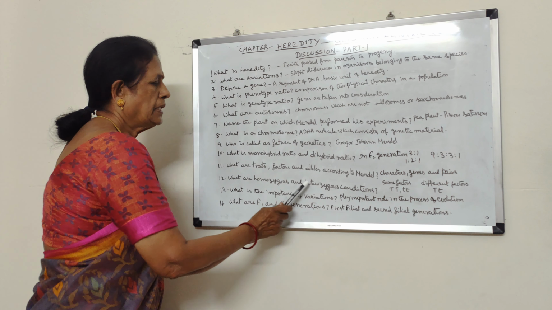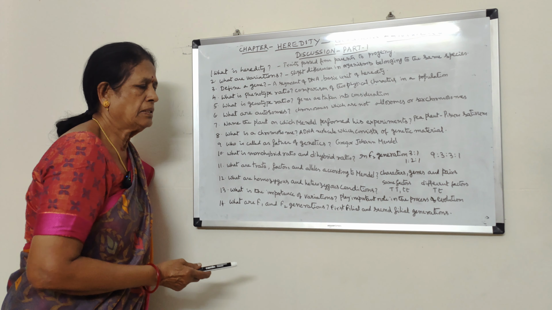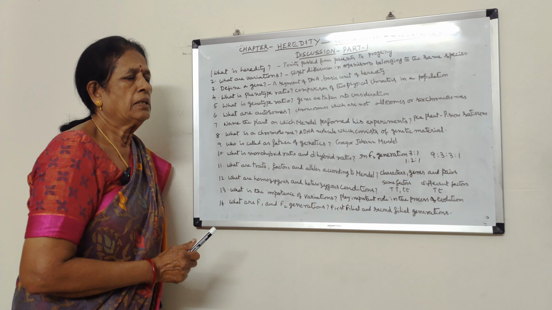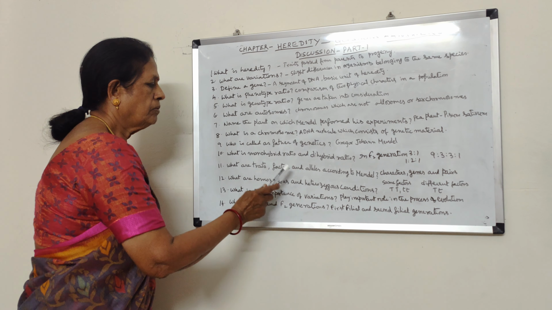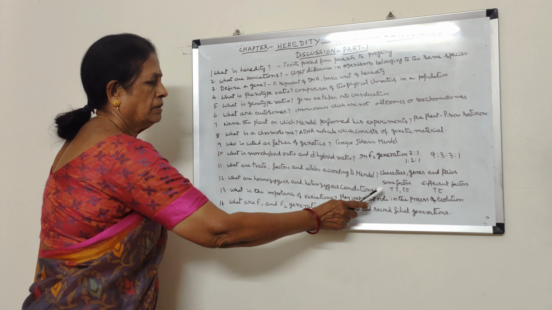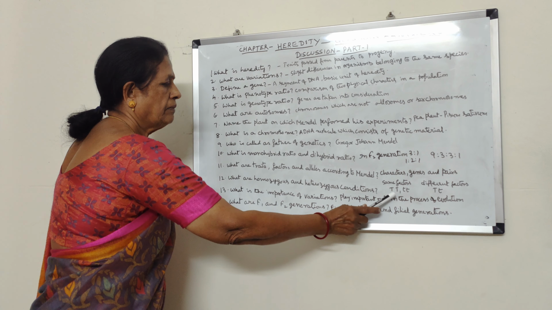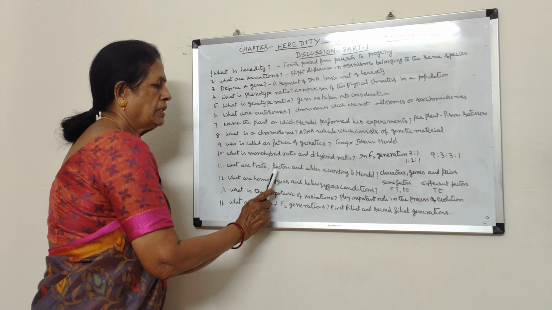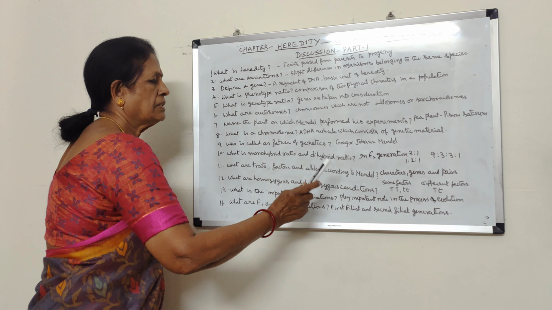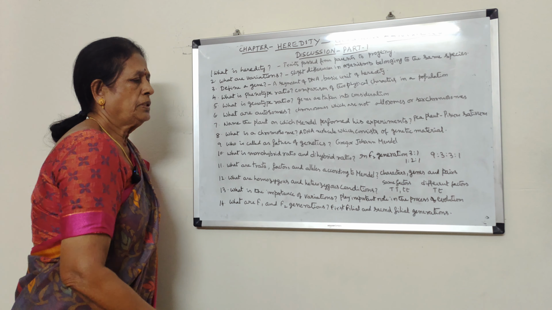And what are homozygous and heterozygous conditions? Homozygous condition means when one trait is under the control of the same factors. If you take the length of the plant, tall, short, and the trait tallness is under the control of the same factors, it is called homozygous condition.